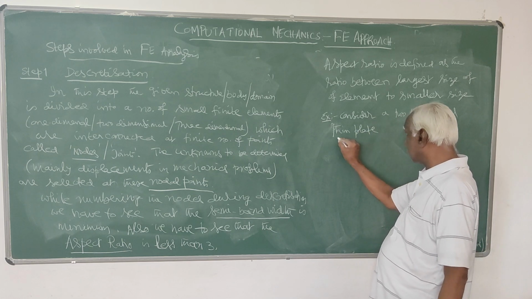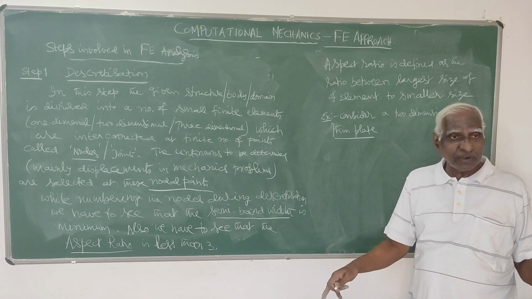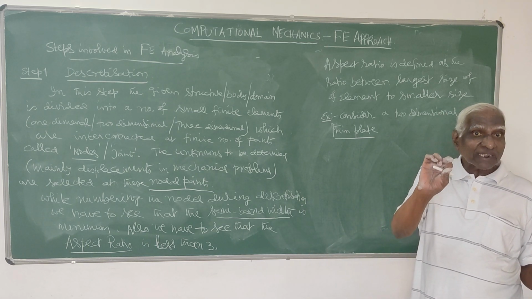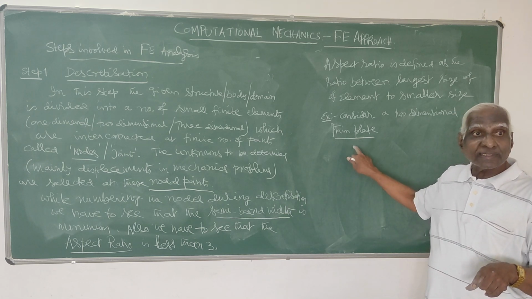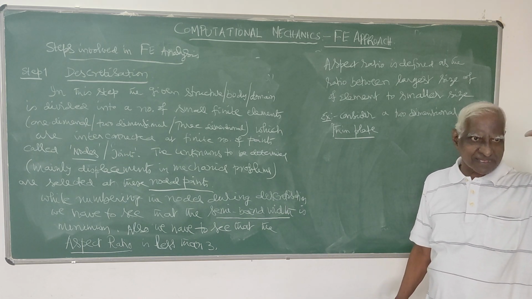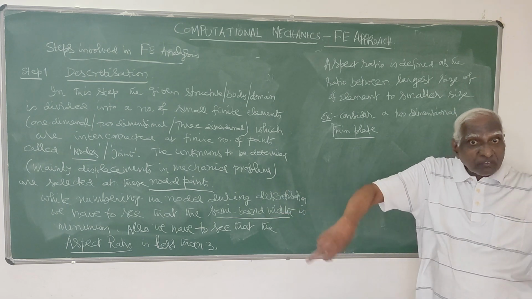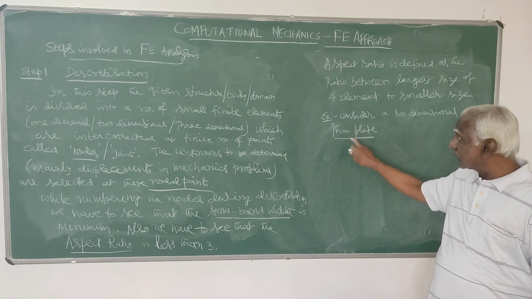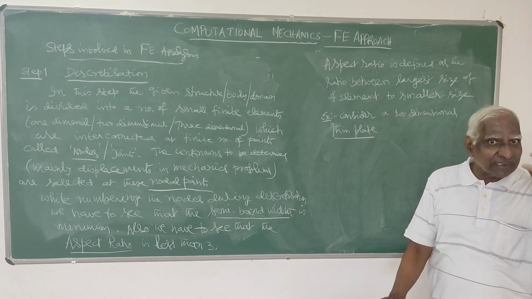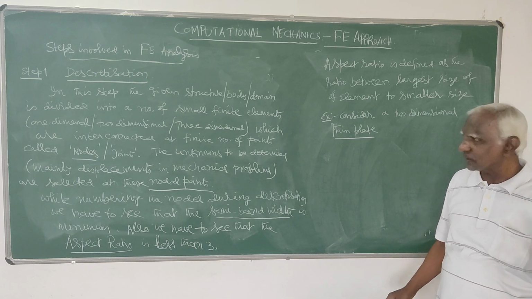I am talking about a thin plate because a two-dimensional structure is one wherein one dimension is small when compared to the other 2. Thin means only the thickness is small when compared to the other 2. The ratio of the other 2 is what I am referring to. That's why I am taking the example of a thin plate analysis, slab analysis.